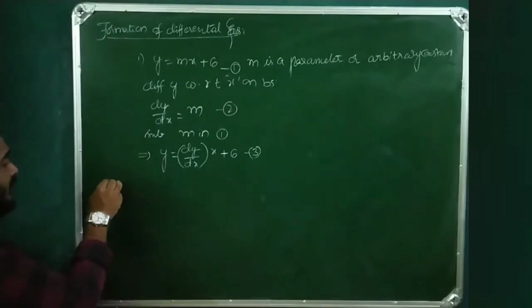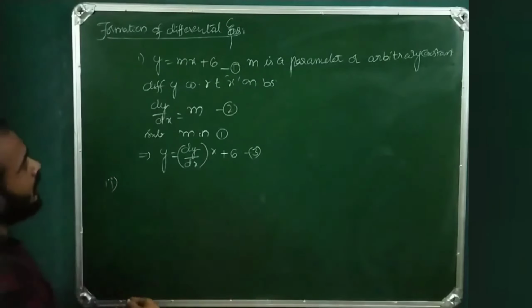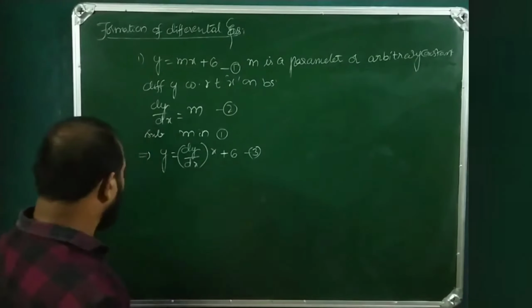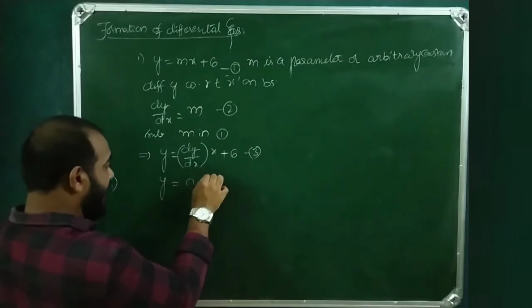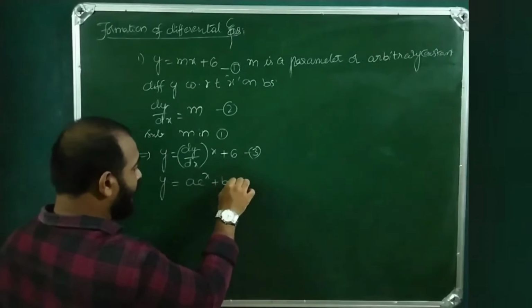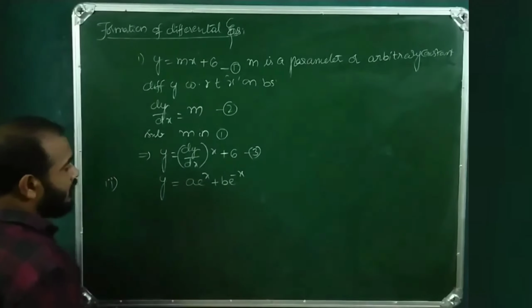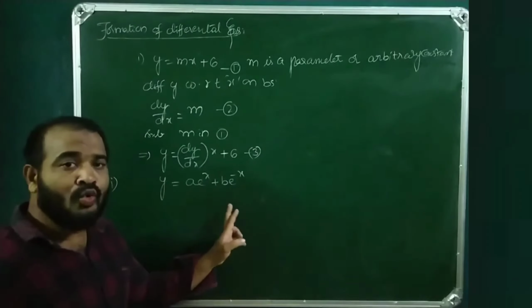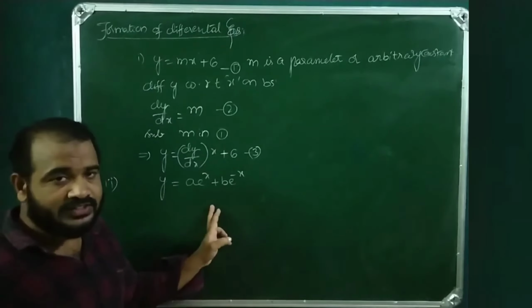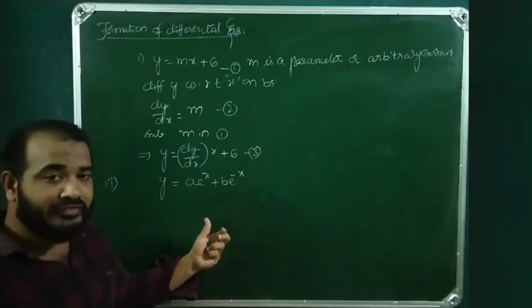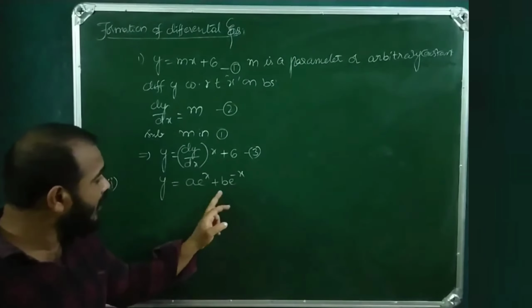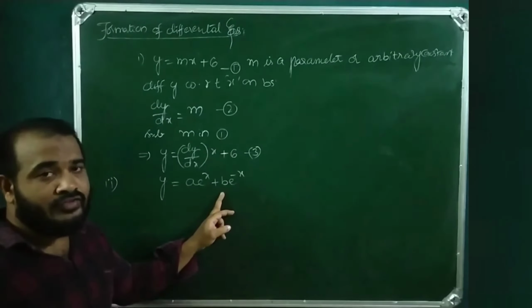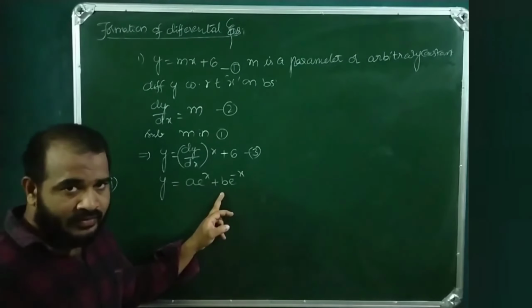So consider the 2 parameters case. For example, y is equals to a e power x plus b e power minus x. So here a and b, there are 2 parameters, arbitrary constants, for which we need to differentiate it twice so that a and b parameters will be eliminated.